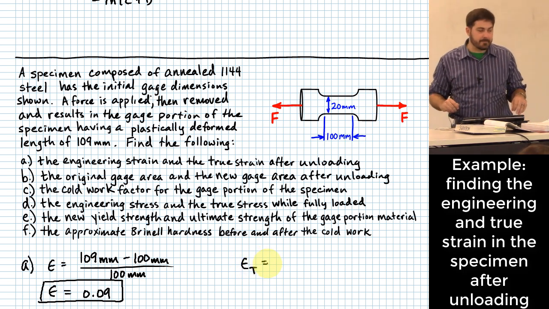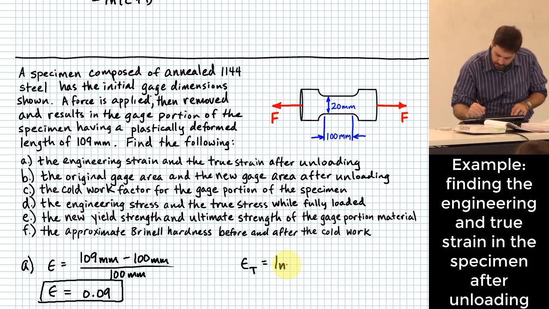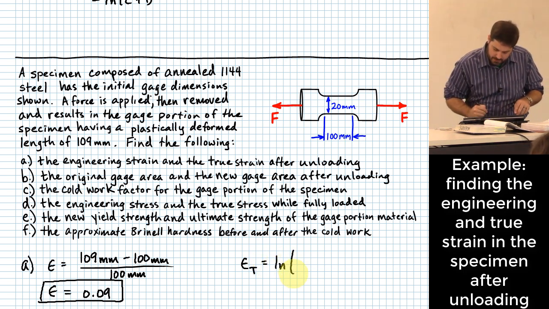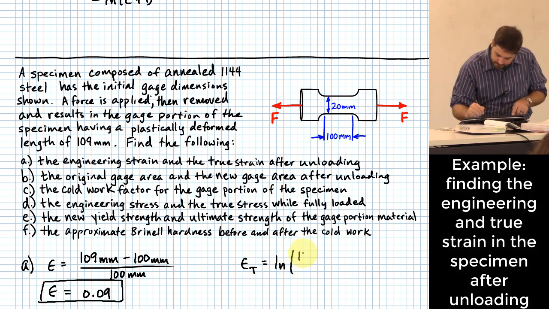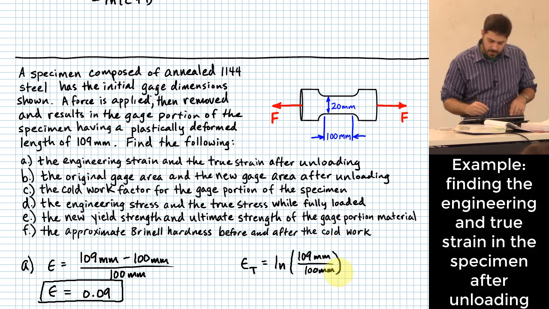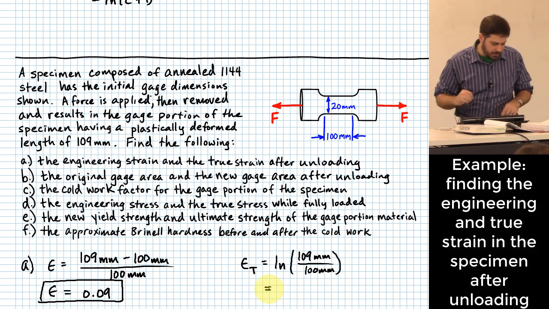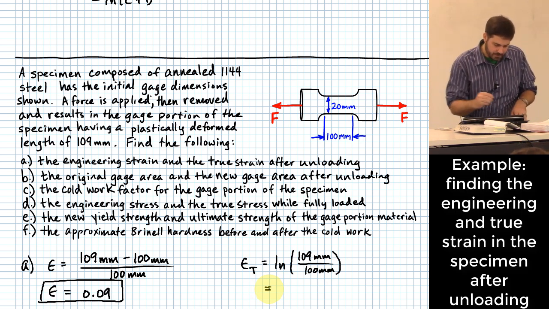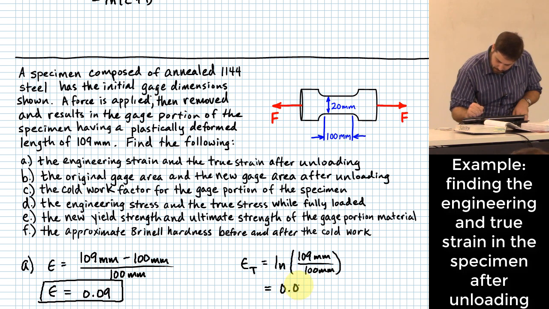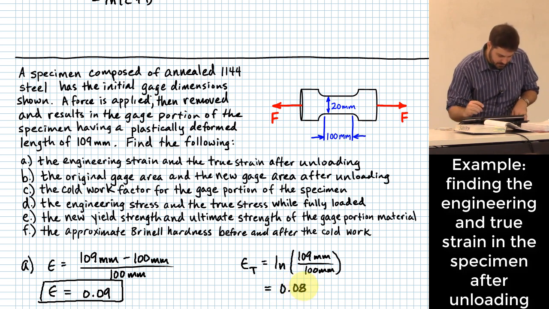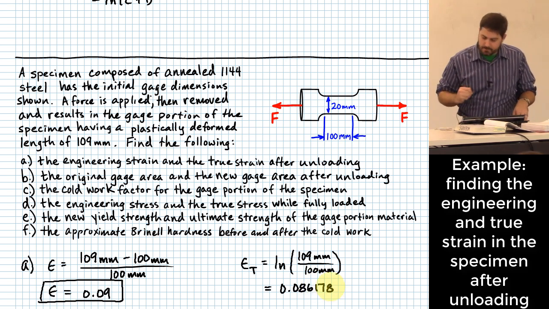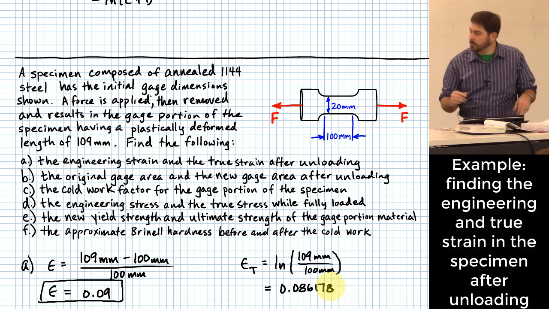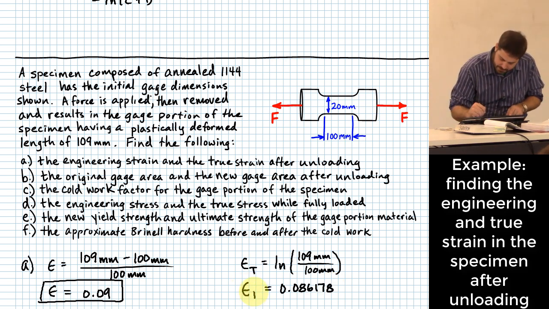What about for the true strain? What's our formula for that? Natural log of the new length over the original length. And when we punch that in, what we will end up with is a value of 0.086178. How does that compare with the engineering strain as far as its size?